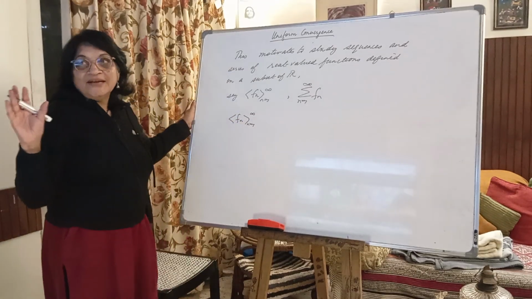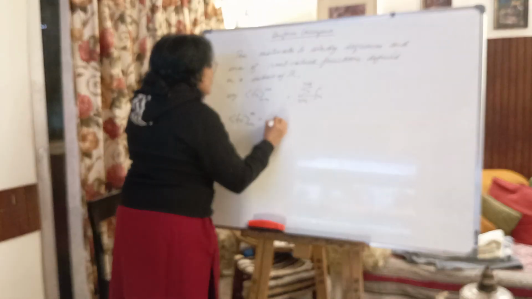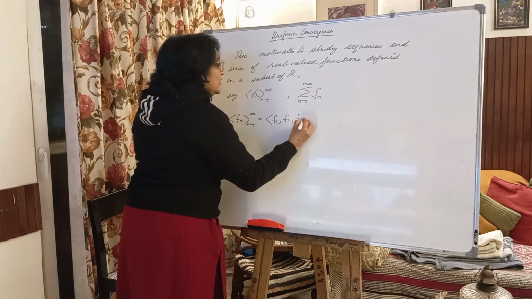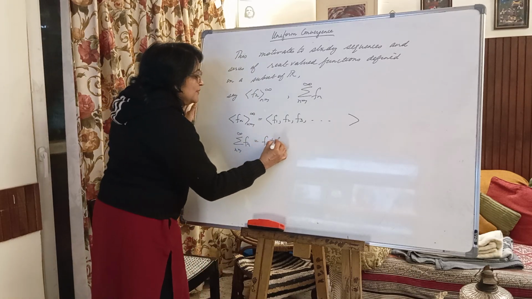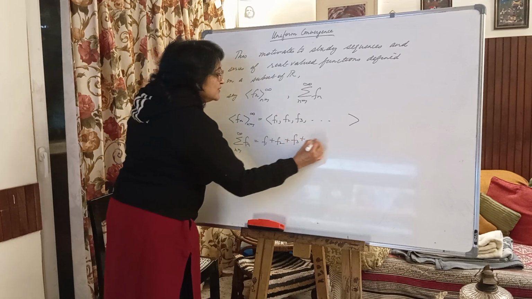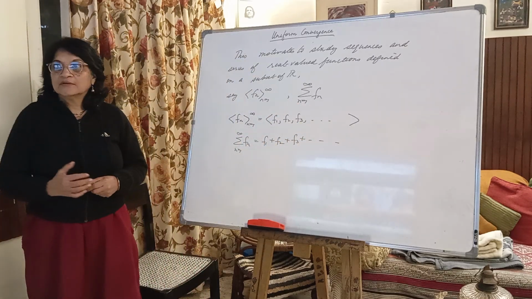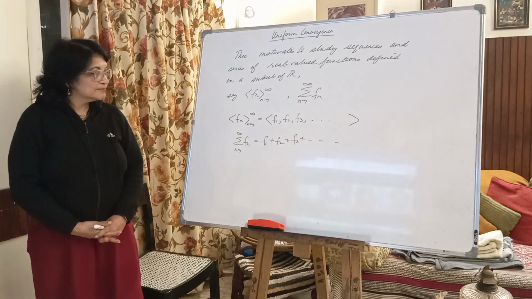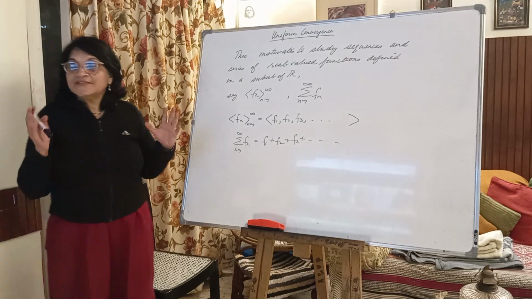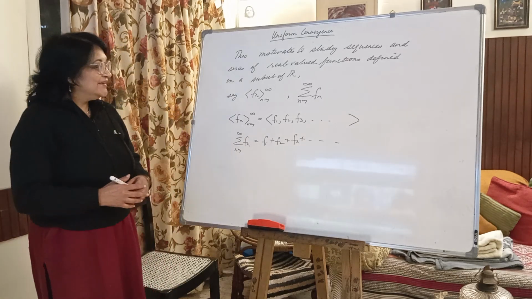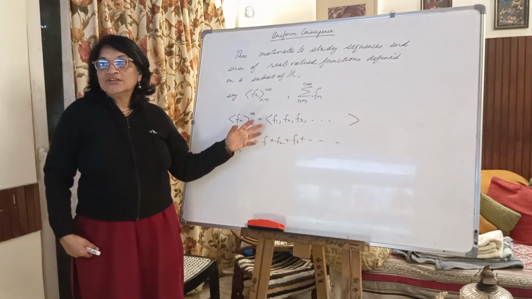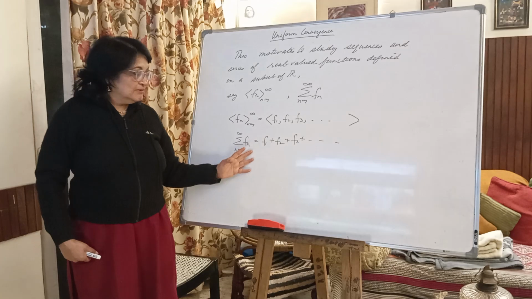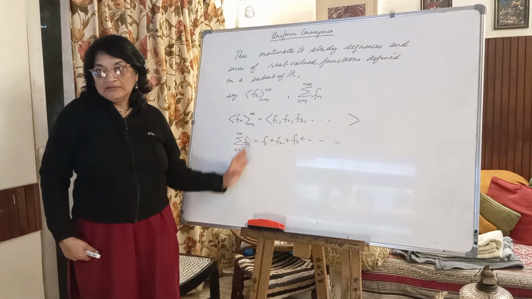The domain is the same. So this will be F1, F2, F3, each of these is a function. Sigma Fn, n going from 1 to infinity, is F1 plus F2 plus F3, like that. Right now it is only an introduction. In one particular sequence of functions, the domain is common, and in another also the domain is common.